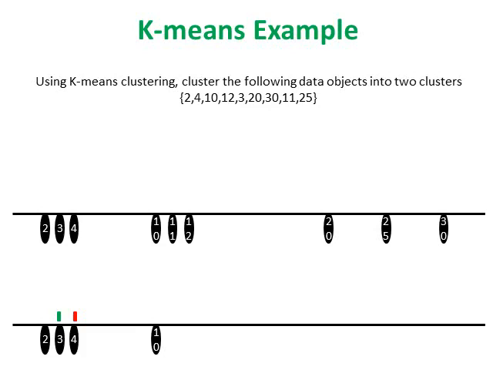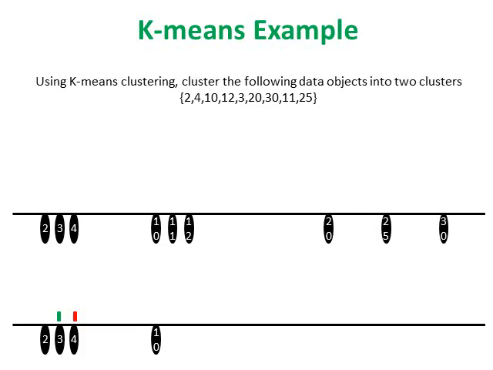In the real scenario, we use distance measures to find the distance, such as Euclidean distance, squared Euclidean distance, Manhattan distance, cosine distance. For simplicity and ease of understanding, we directly consider the difference between data point and centroid as the distance in this problem.